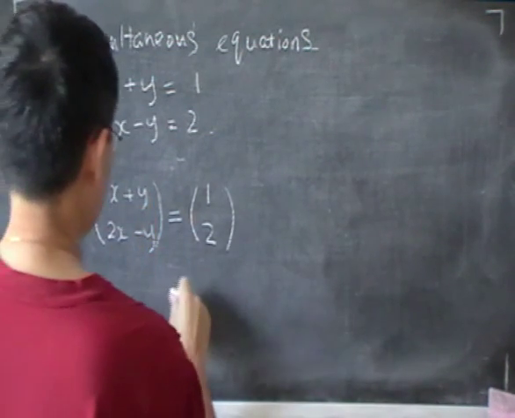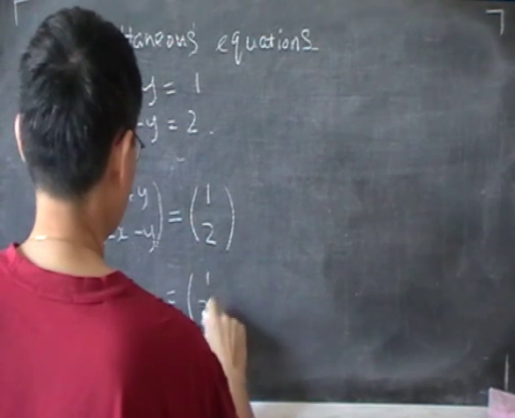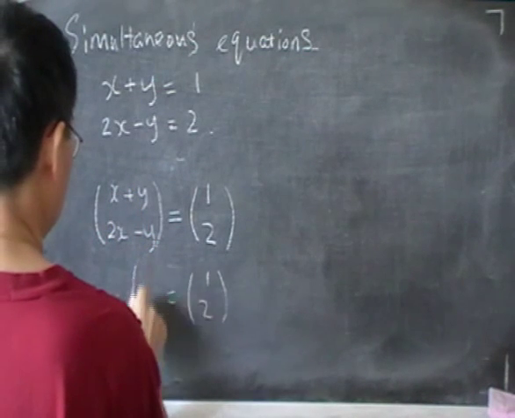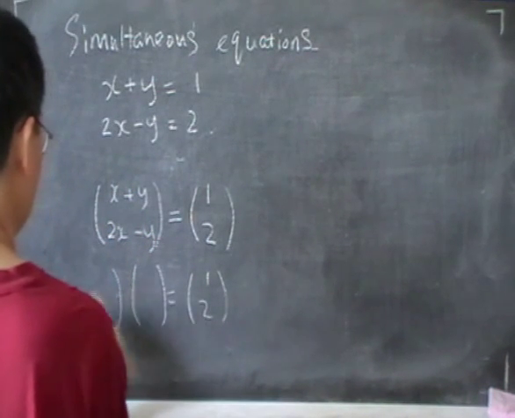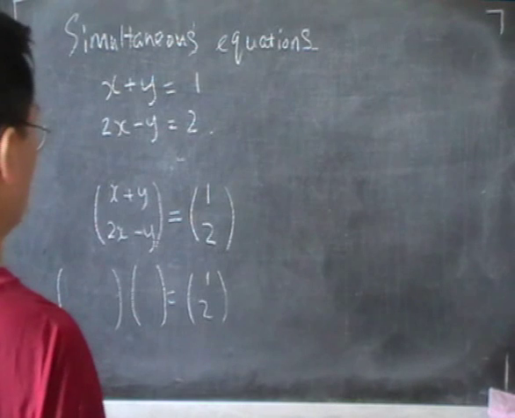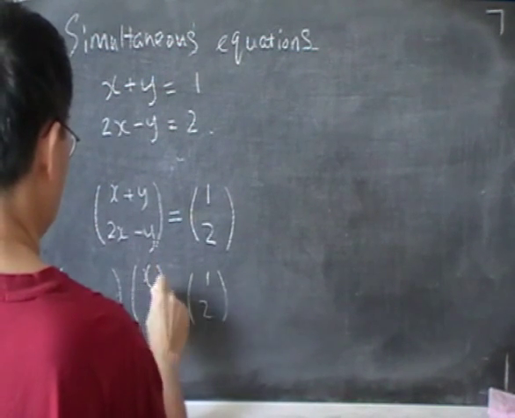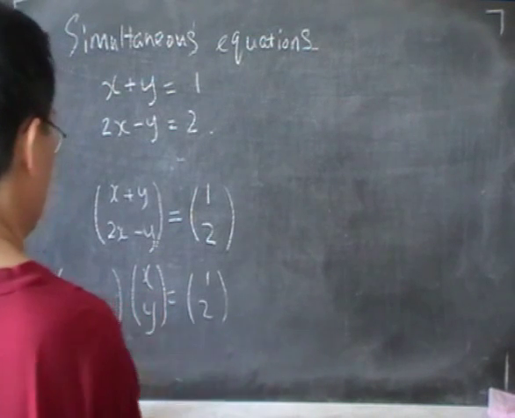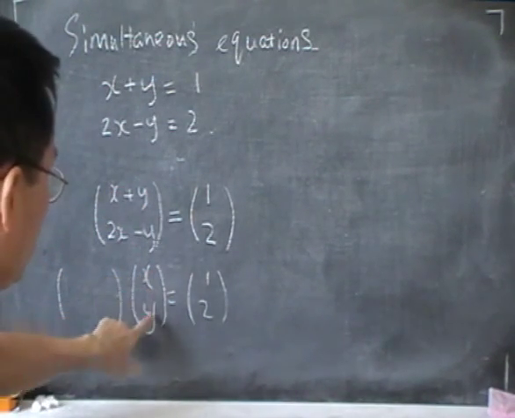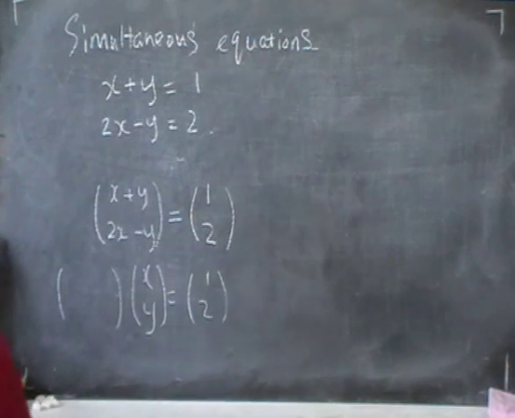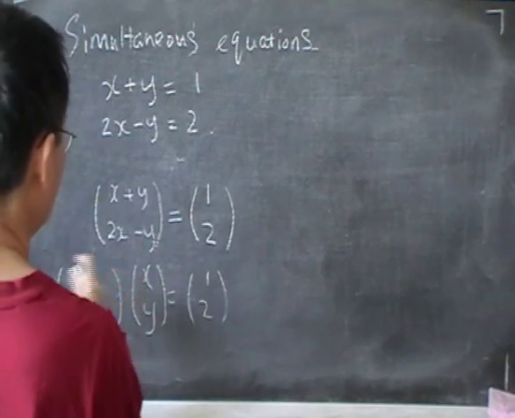Now in the next step, I'm going to write this in this way. I'm going to write the x and y down here, and I'm going to pick out the numbers from here.